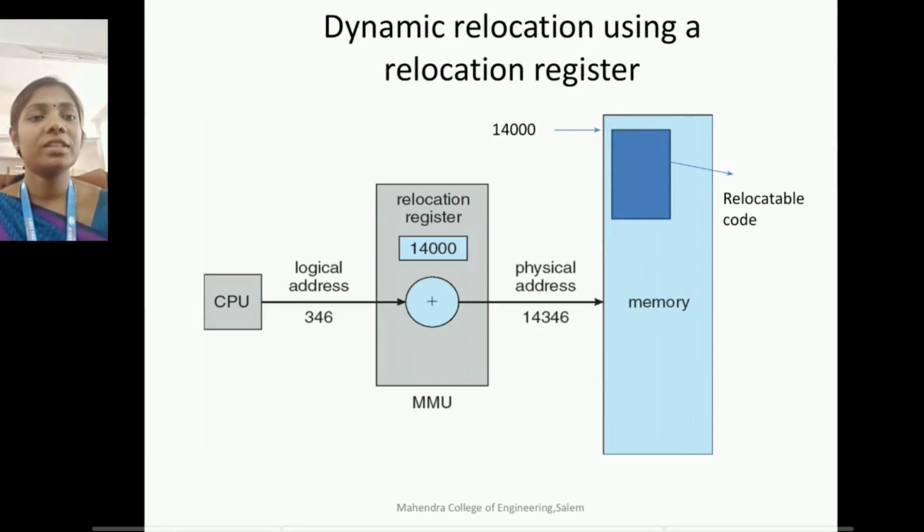These details are all located in the relocation register. Whenever there is a need to look up the physical address, the logical address and their relationship, the operating system looks into this relocation register, retrieves the data, and then displays it to the user.